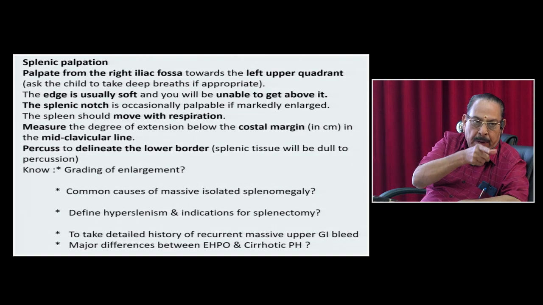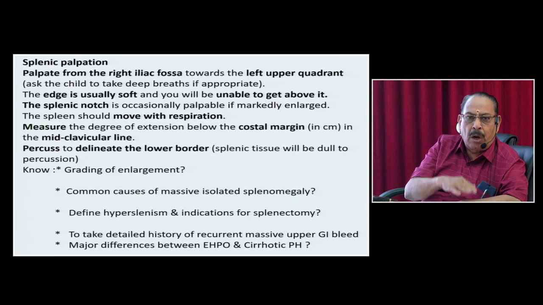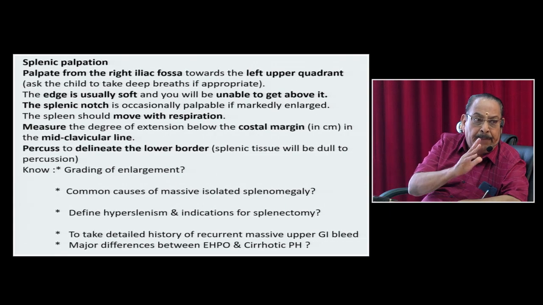One, right midclavicular line, second, in the midline. Why? In the right midclavicular line, the liver may be small or not palpable. In the midline, the liver may be palpable. Midline liver indicates caudate lobe hypertrophy. It is one of the clinical indicators of chronic liver disease.